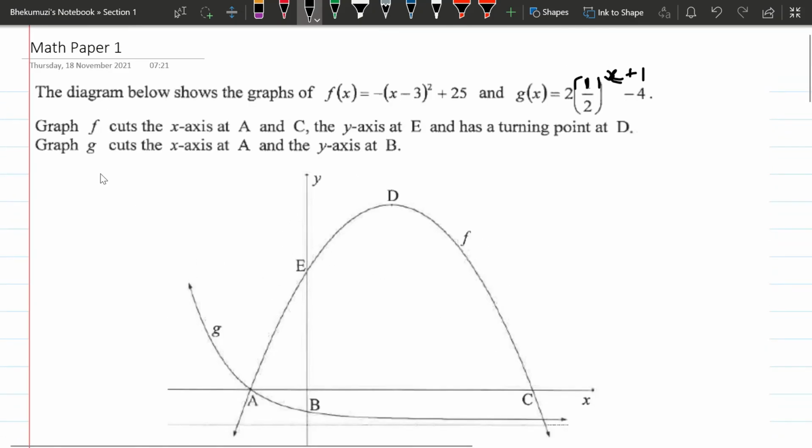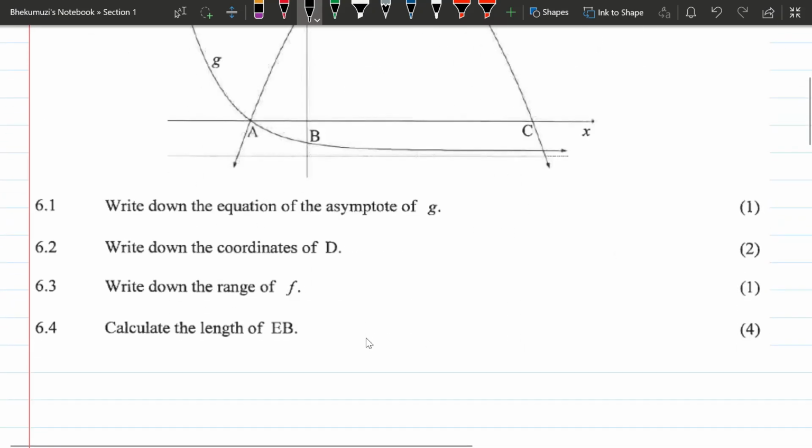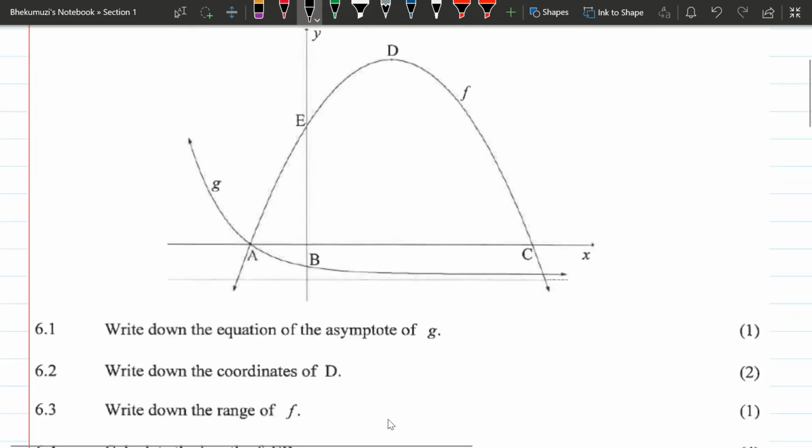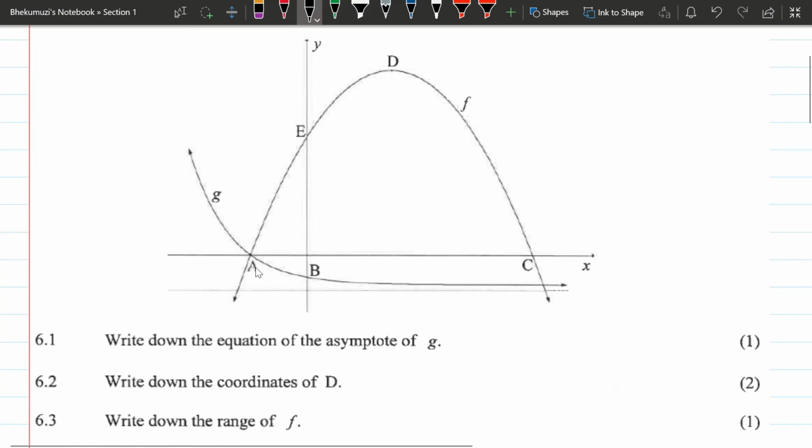And then they also tell us that graph g cuts the x-axis at A and the y-axis at B, right? There's B and A. And then the first question asks, 6.1, write down the equation of the asymptote of g.